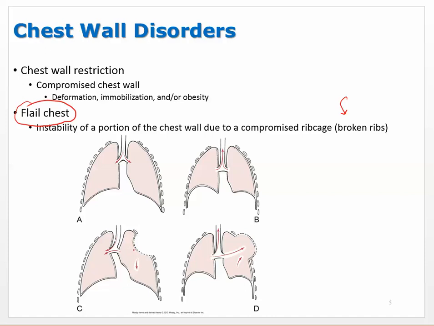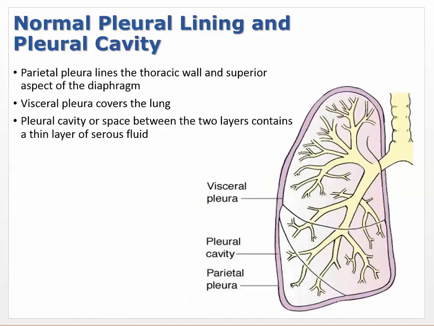If you're squishing the lung, it could be pushed to the other side through the branch of the bronchi where the trachea comes down. And then during expiration, this lung's going to expand. There's nothing holding it. It's going to expand, and it's going to pull air from one lung to the other. Okay, so that's a flail chest.